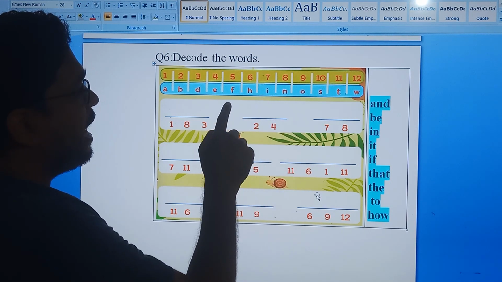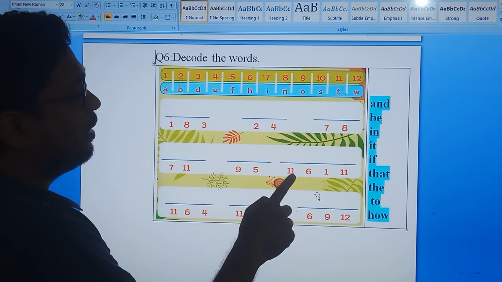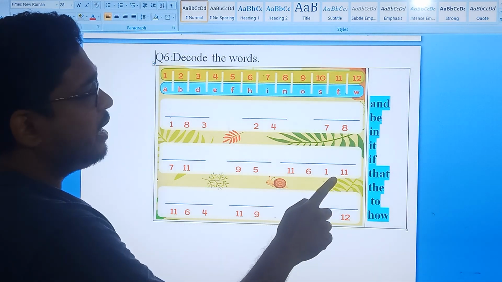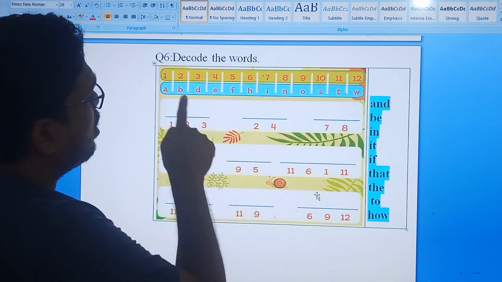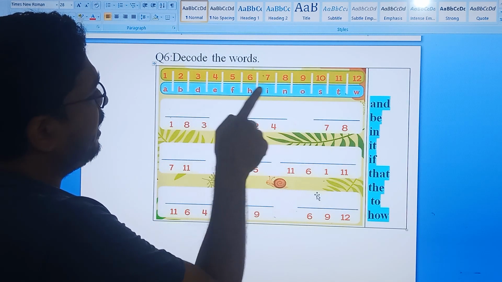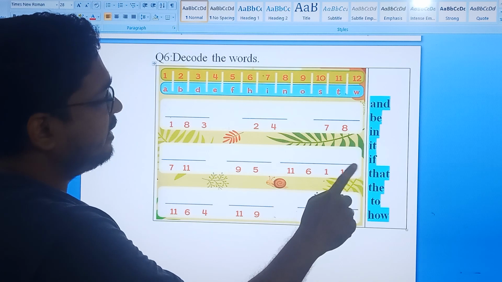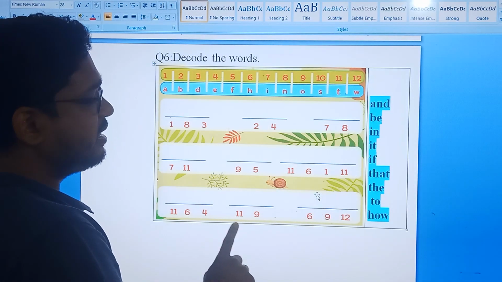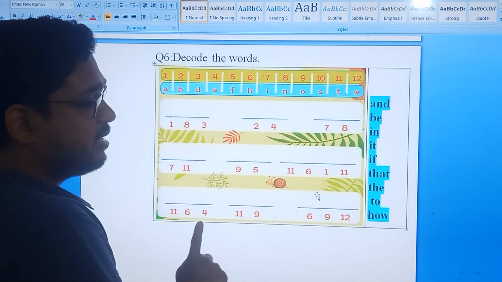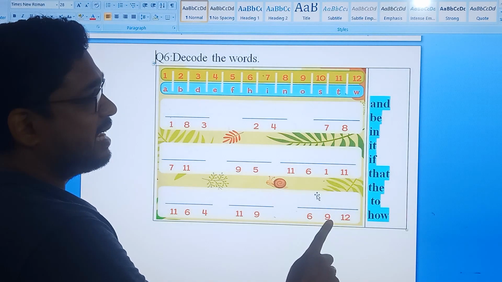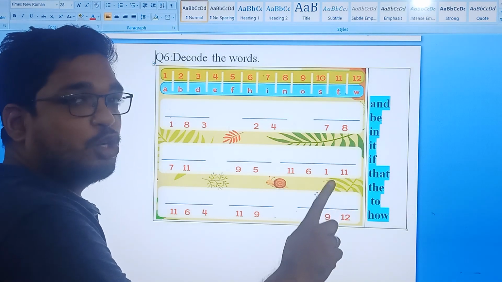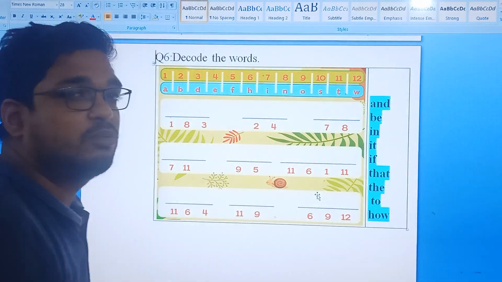It's O and F, of. Then 11, 6, 1, 11. It's T, H, A, T. That. Like this, you solve all these, and 6, 9, 12 is H-O-W, how.